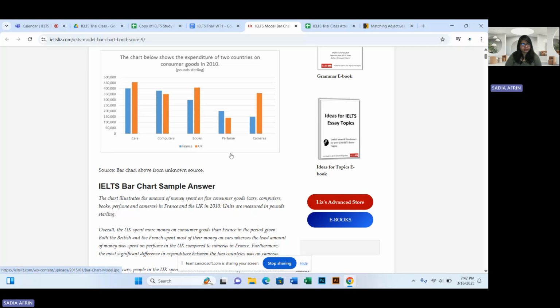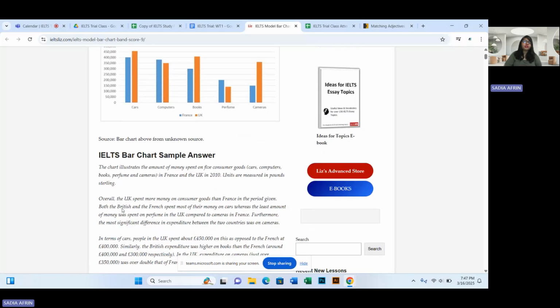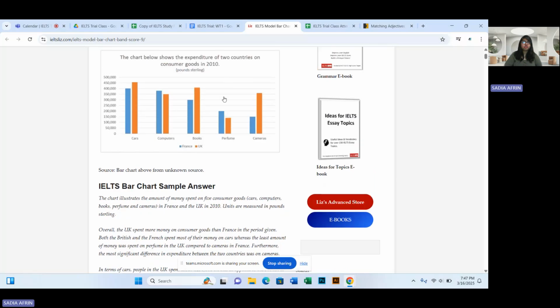Only on 2 of the items, perfume and computers, France spent more. So of course, it's very obvious that UK gets the highest score, which is why we can say overall the UK spent more money on consumer goods than France in the period given. Don't forget to mention the period.